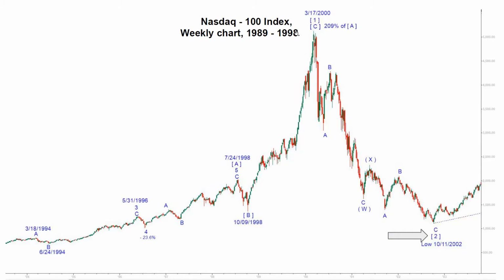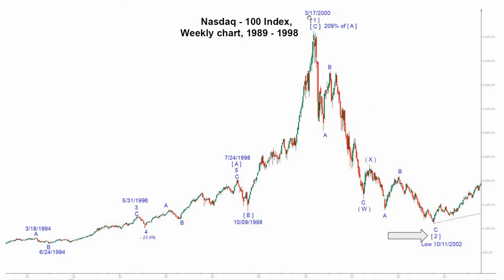And this is what we got. We got ABC of W, X, ABC of Y, and that would become our whole corrective wave 2 down, and it bottomed in October 2002.